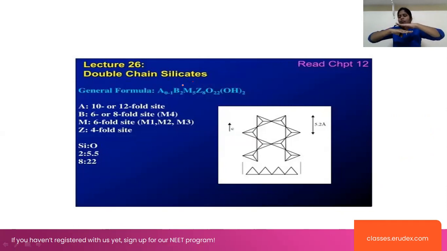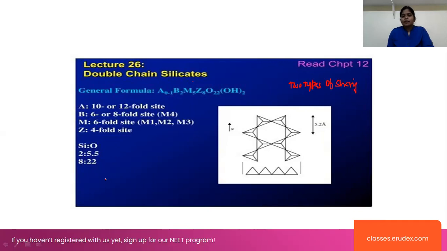Now in this case, we have to write the formula for the double chain silicates. Look, in the case of the double chain silicates, we will get 2 types of sharings here.